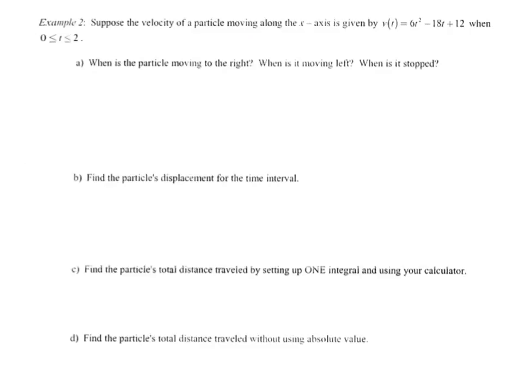Example 2 says, suppose the velocity of a particle moving along the x-axis is given by 6t squared minus 18t plus 12, and we are just looking from the time of 0 to 2. First thing we're going to do is go back to first semester and think about when is this thing going to move to the right, move to the left, when is it stopped, and it might be helpful just to get a picture of what this looks like.